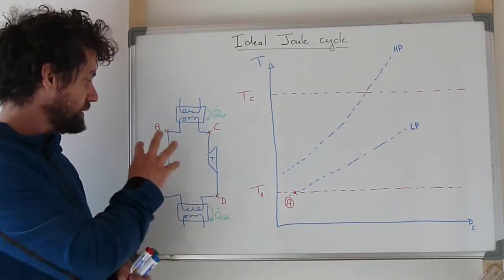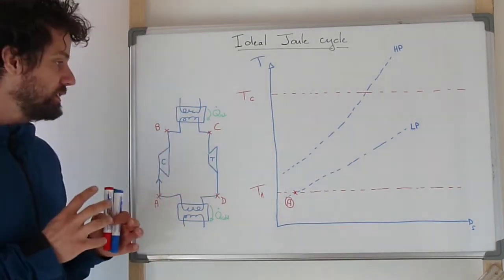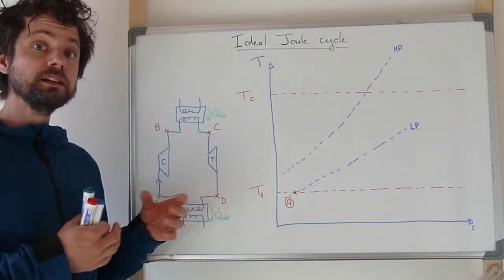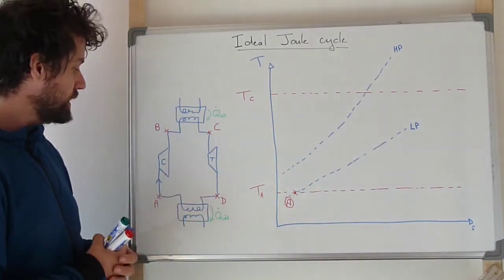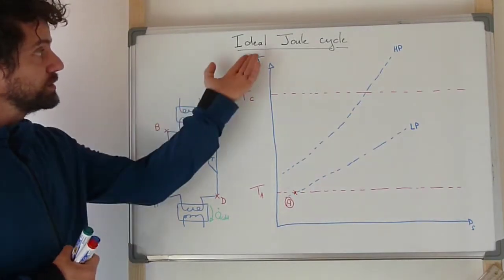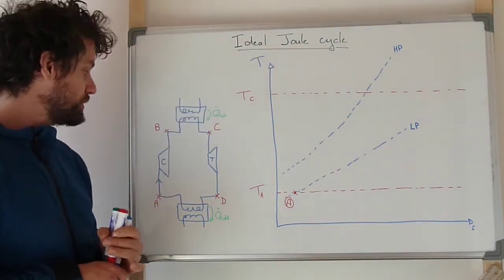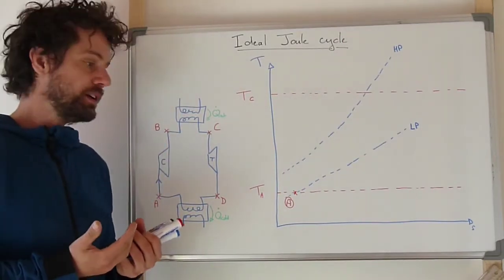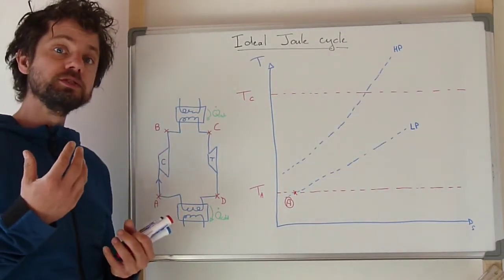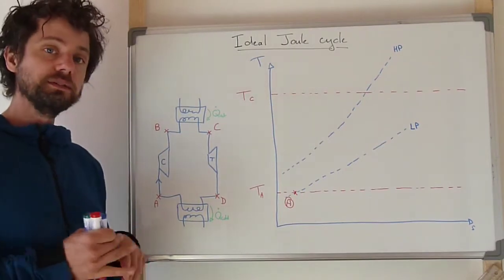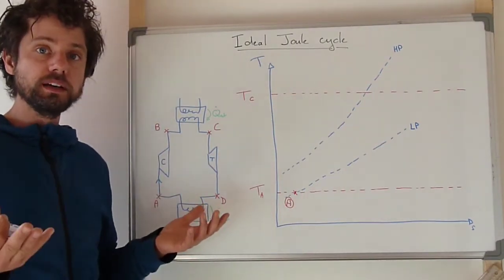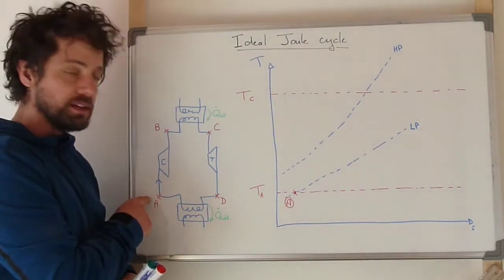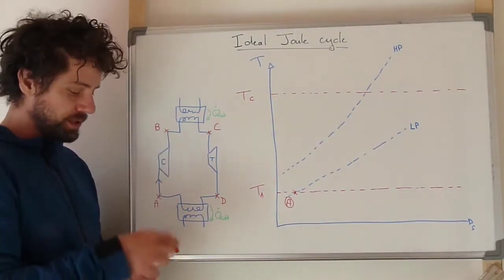So if there's no heat exchange, there's no entropy exchange also. And in our case, we consider an ideal Joule cycle, so this compression is also reversible. Reversible means there's no entropy creation. So if there's no entropy exchange and no entropy creation, the entropy remains constant between A and B.